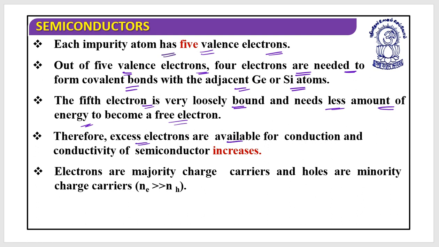Therefore, this excess amount of electrons is available for conduction, and the conductivity of the semiconductor increases. We can say electrons are the majority charge carriers, and holes are the minority charge carriers here. That means Ne, the number of free electrons, is greater than the number of free holes.